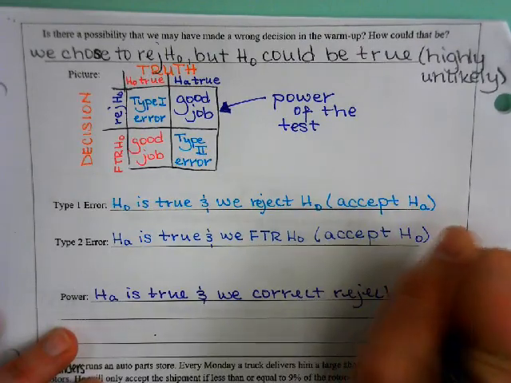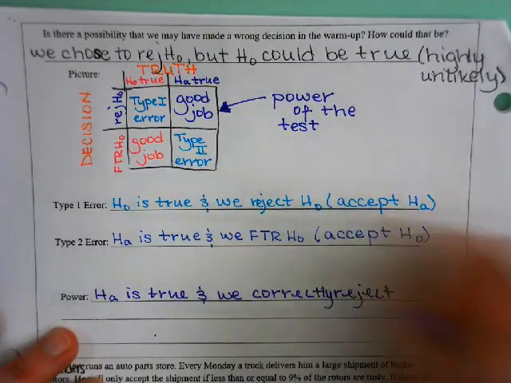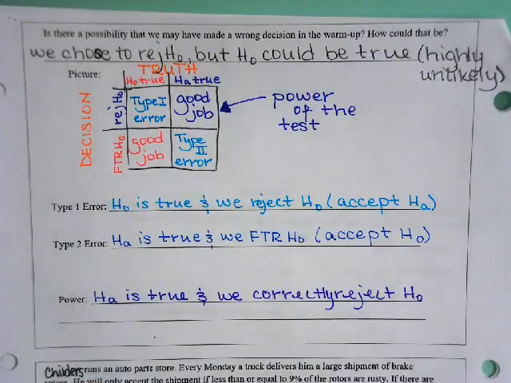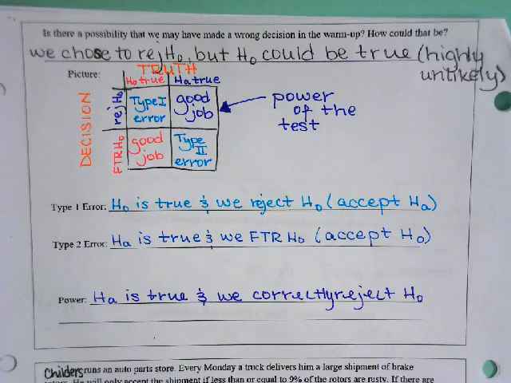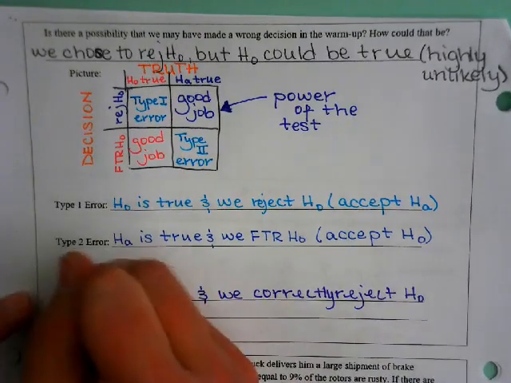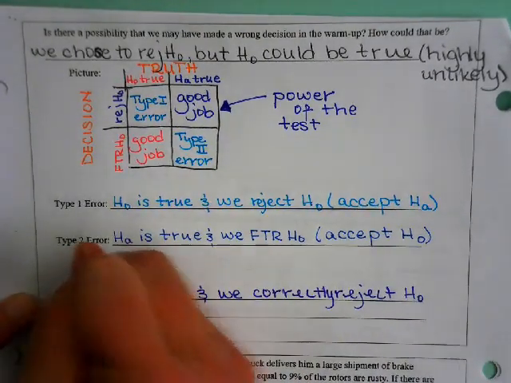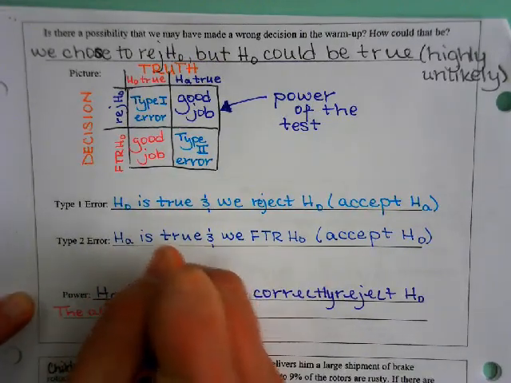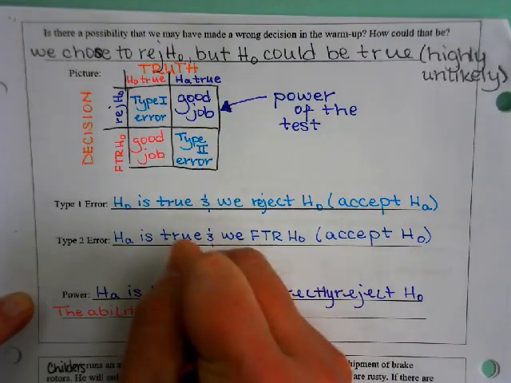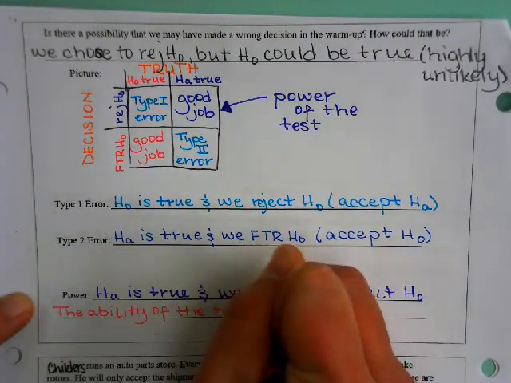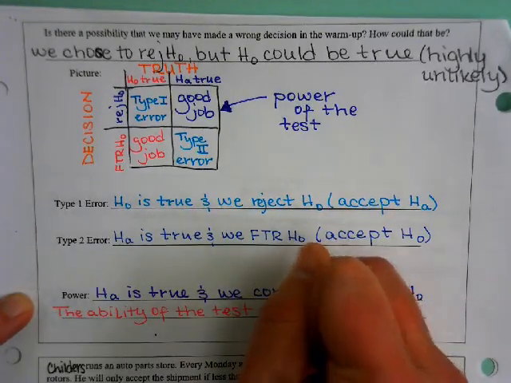Or in other words, power tells us the ability of the test to correctly detect the alternative.